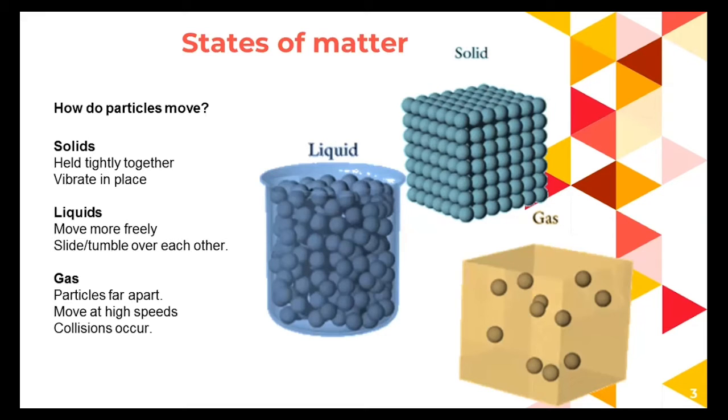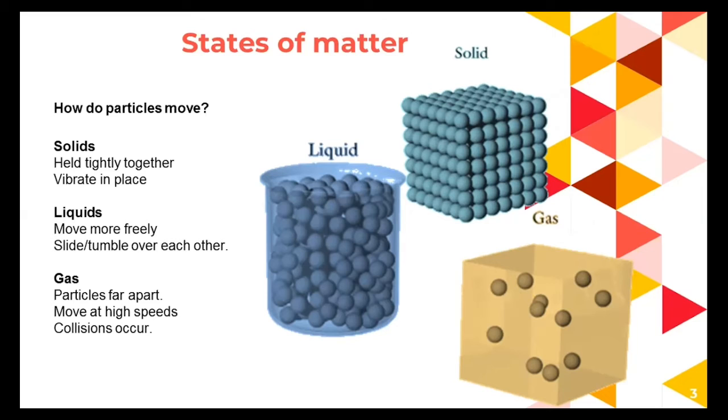Now, what about a liquid one? So suppose that you increase the temperature, you heat a solid state up. What happens to the particles? Rhea? In the liquid state, the particles slide against each other, and they're not tightly together as in the solid state.